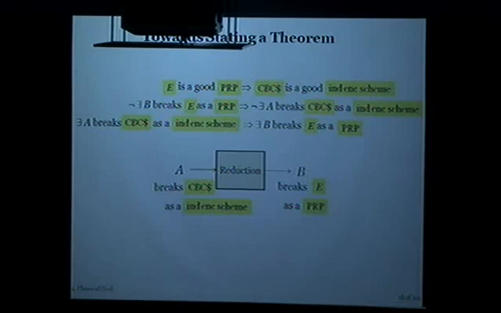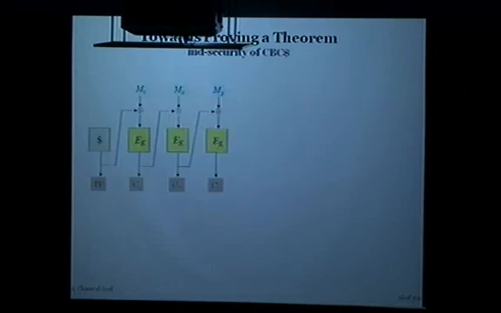You need to provide for me this reduction, this compiler, which turns your encryption scheme attack into a PRP attack. Well, how are we going to do that? So here's a picture again of the scheme I'm trying to demonstrate security of, specialized to 3 block inputs.